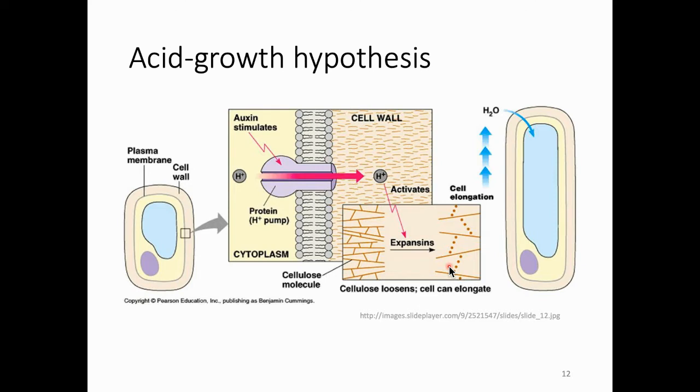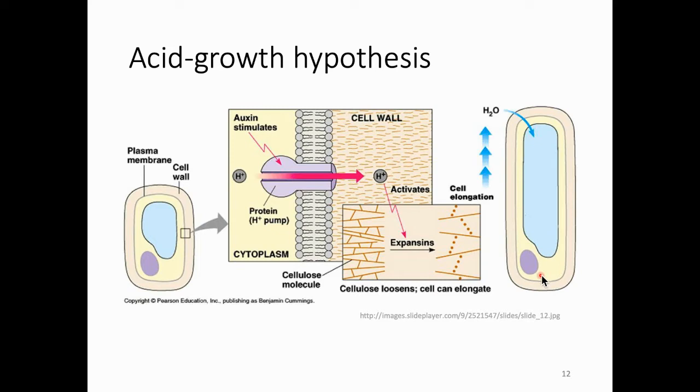Once the cell wall is loosened, the cell will have a chance to elongate, but the cell will not elongate if there is no other pressure to push the cell wall from inside toward the outside. That pressure is the turgor pressure from water. Water will get into the cells through water potential.